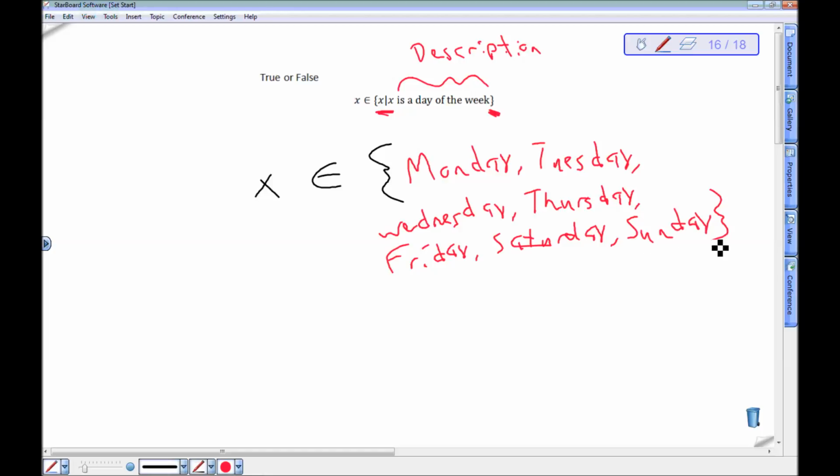Those are the only 7 things in that set. I guess I should have made this red. I was going to make the other side red. Those are the only 7 things in that set. X is not one of those things, because if I say X is the day of the week, that's not true. So this statement, X is an element of the set of all X such that X is a day of the week, is false. X is not in that set, so that is a false statement.